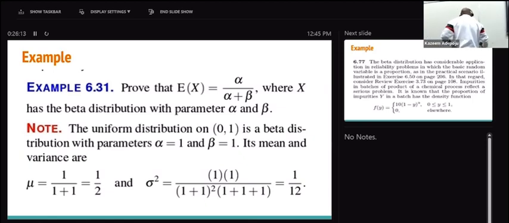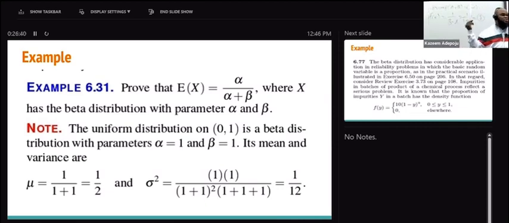Now, I remember the other time when we said X follows uniform with parameters a, b, the f of x is 1 over b minus a, right? In the situation where we have 0, 1, where the minimum is 0 and the maximum is 1, if you plug that in here, the uniform gives you 1, right?